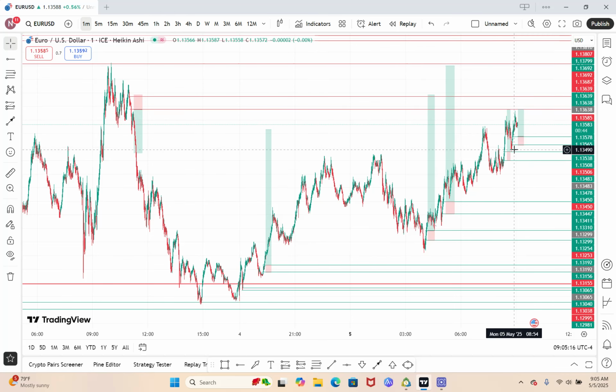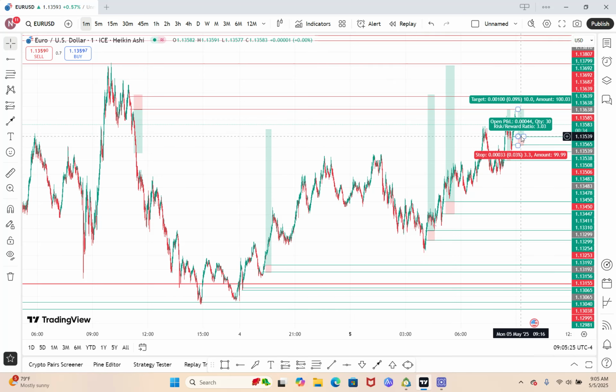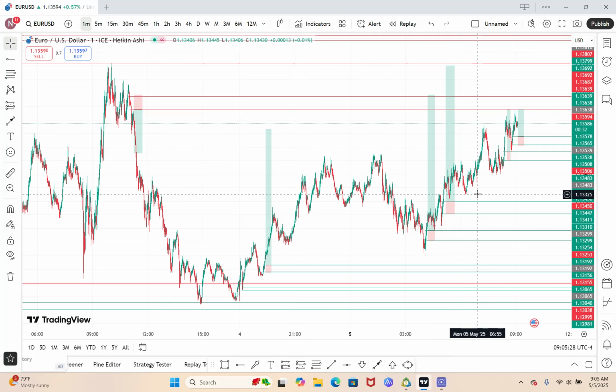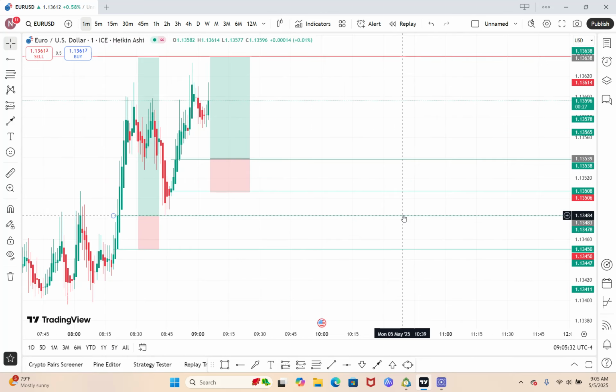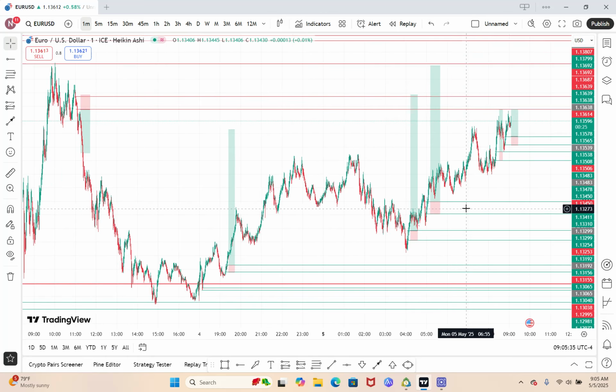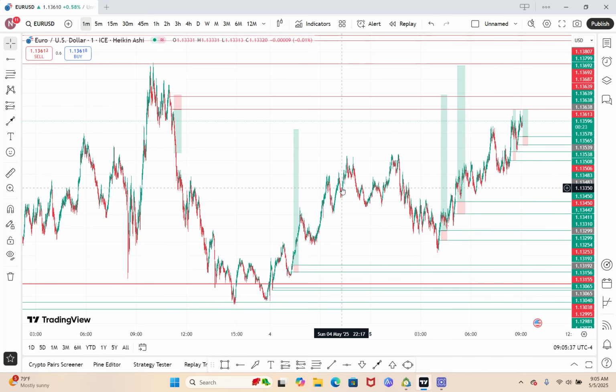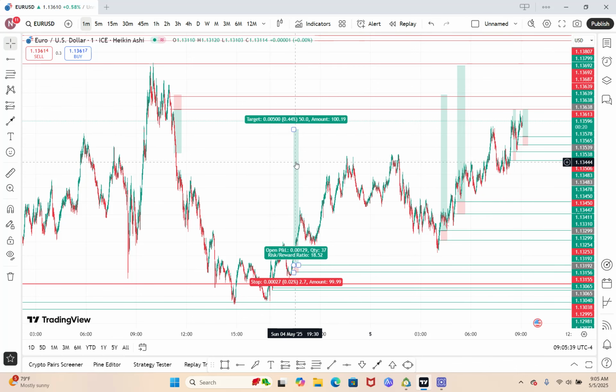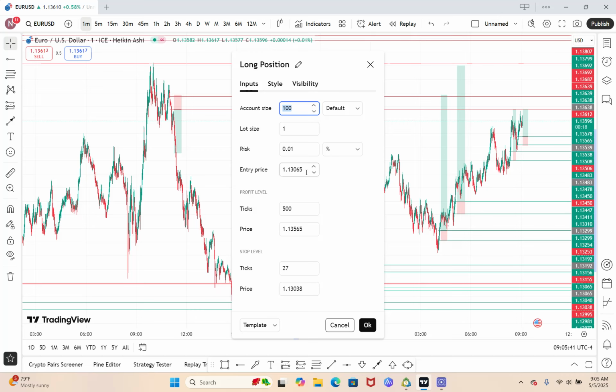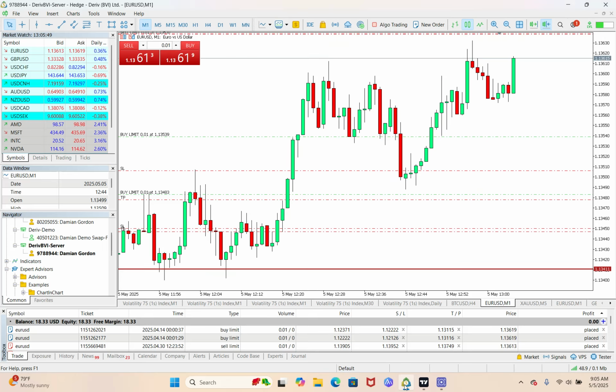So if the market is gonna come back and go back up, we should be able to get more than 500 pip move. Right, so see, small risk, small amount to make large amount.